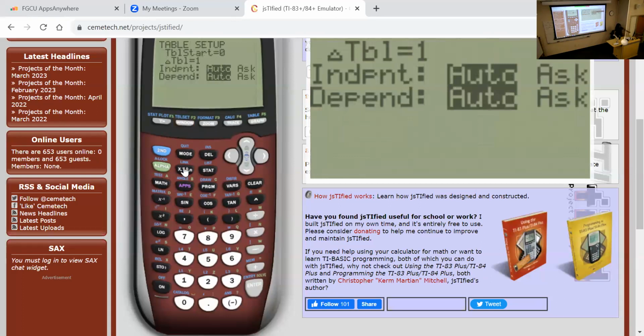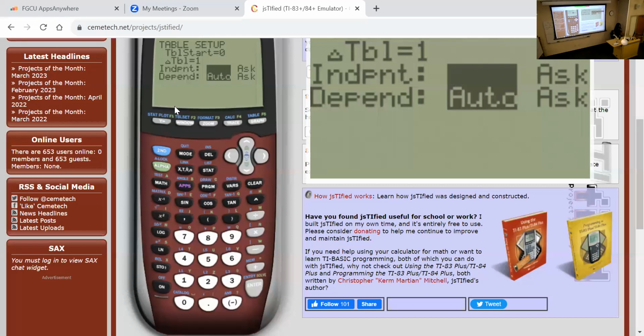Press second window. Let's adjust the setup. Blue button followed by window. And you've got options where it says INDPNT. Any thoughts as to what that means? Very good. Independent, the x variable.